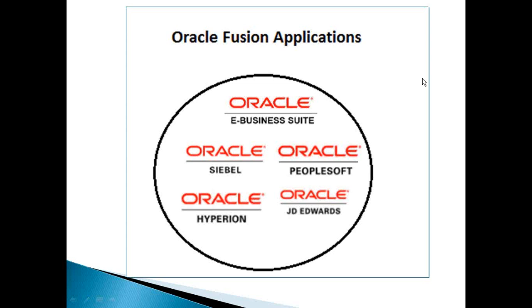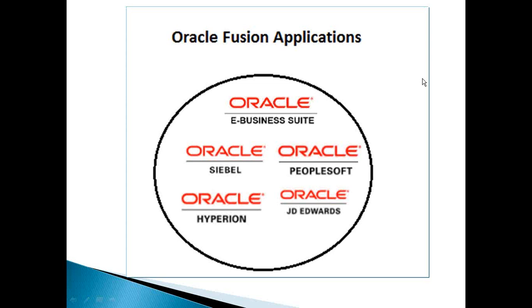If your organization needs a solution for CRM, customer relationship management, the Siebel solution is already available as part of Fusion Applications. If you are looking for HR solutions, PeopleSoft is there as part of Fusion Applications. You don't need to worry about it. For the best reporting capabilities we have Hyperion, and JD Edwards for procurement operations.